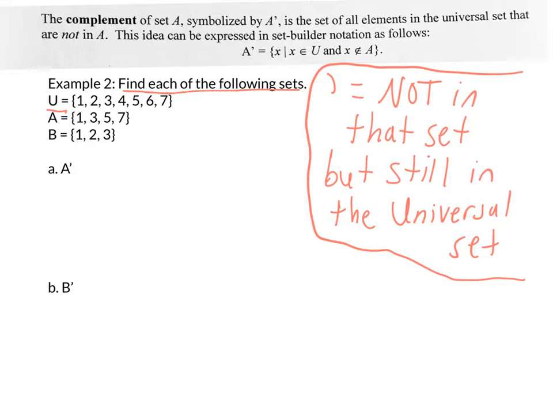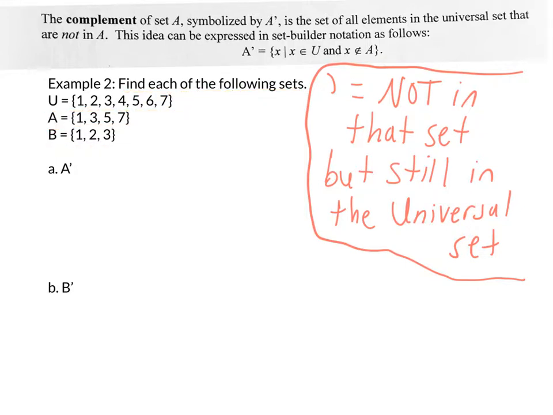So the universal set, or all the possible answers, are the numbers 1 through 7. They give us also 2 subsets of the universal set. They have subset A, which is the set with 1, 3, 5, 7 in it, and subset B, which is the set with 1, 2, 3 in it.